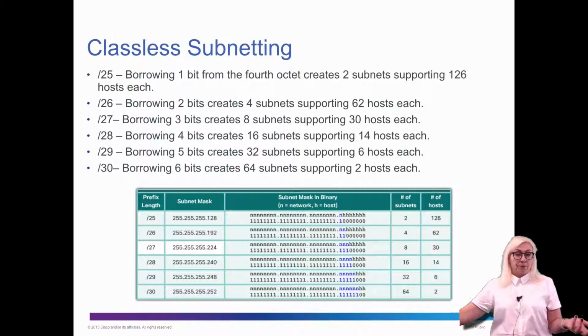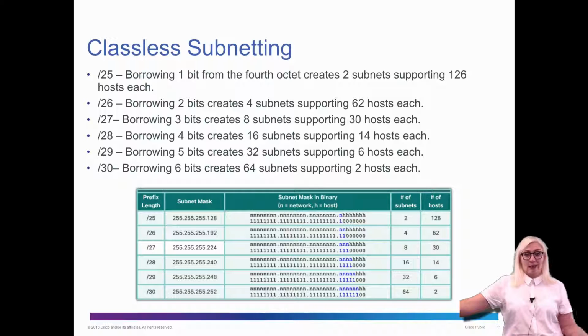But with classless subnetting, we borrow bits from the host part to the network part. If I have a /24 address and I borrow 1 bit, my new mask will be /25. Borrowing 1 bit gives me 2 new subnets with 126 hosts each. Borrowing 2 bits gives me 4 new subnets with room for 62 hosts.